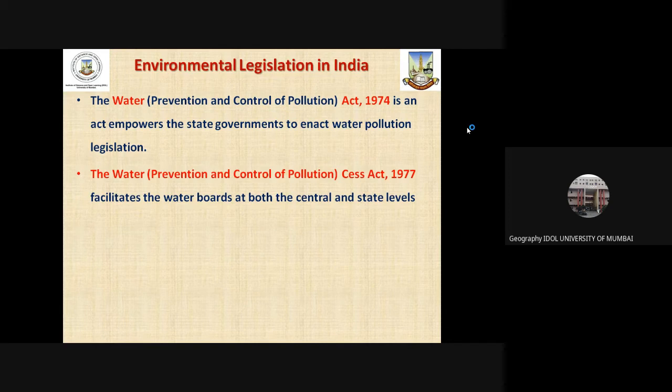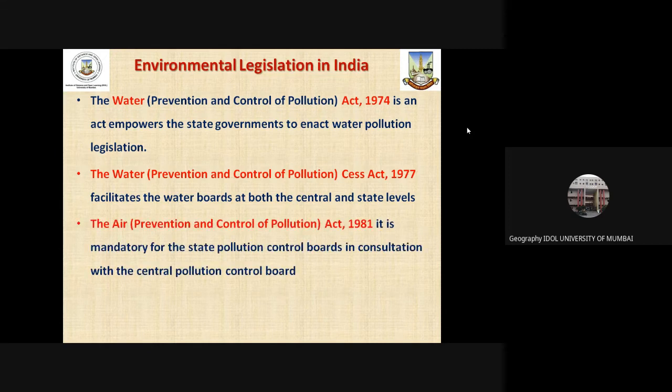The Water Prevention and Control Pollution Cess Act came in 1977, which facilitates the water boards at both central and state levels. The Air Act 1981 to control pollution of air and prevention of air pollution is mandatory for the state pollution control boards in consultation with the central pollution control board.